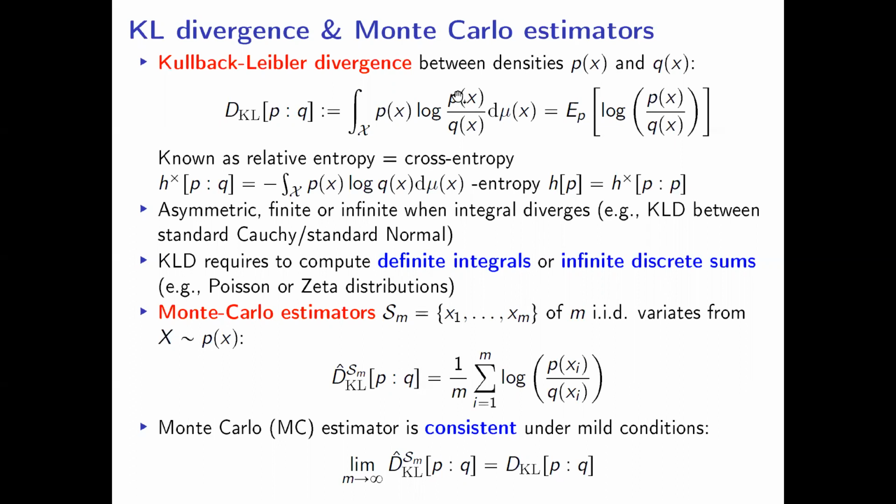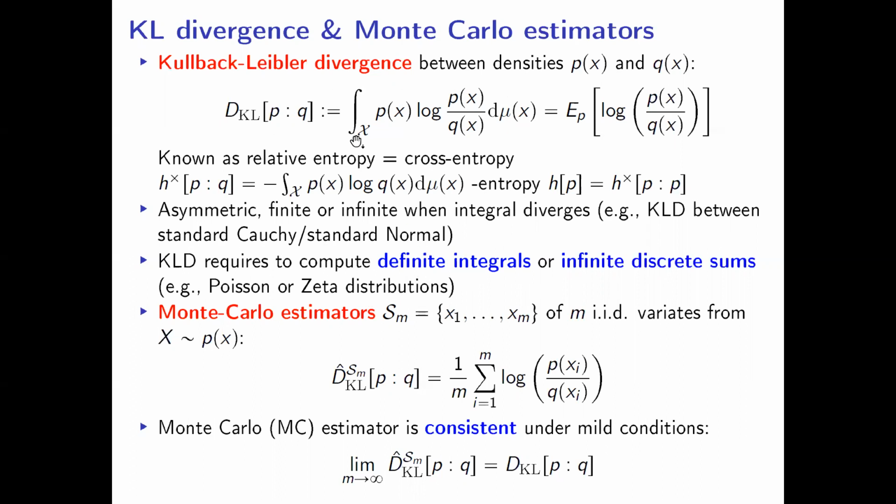So depending on the densities P and Q, it can be very tricky to compute the KLD in closed form, because you have to compute this integral for continuous densities, or you have to compute some infinite summation if you have a probability mass function, like for example if you consider a Poisson or zeta distribution.